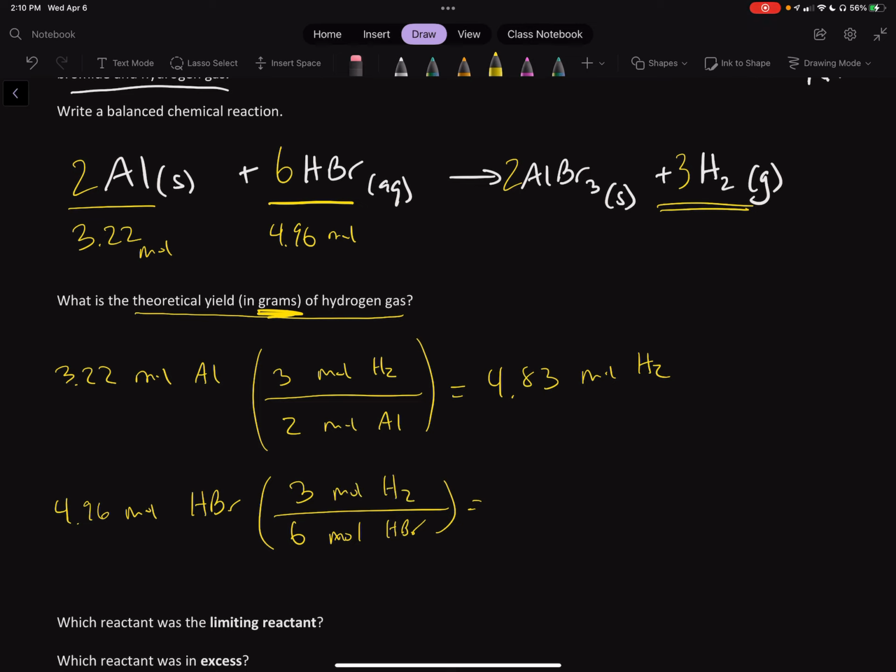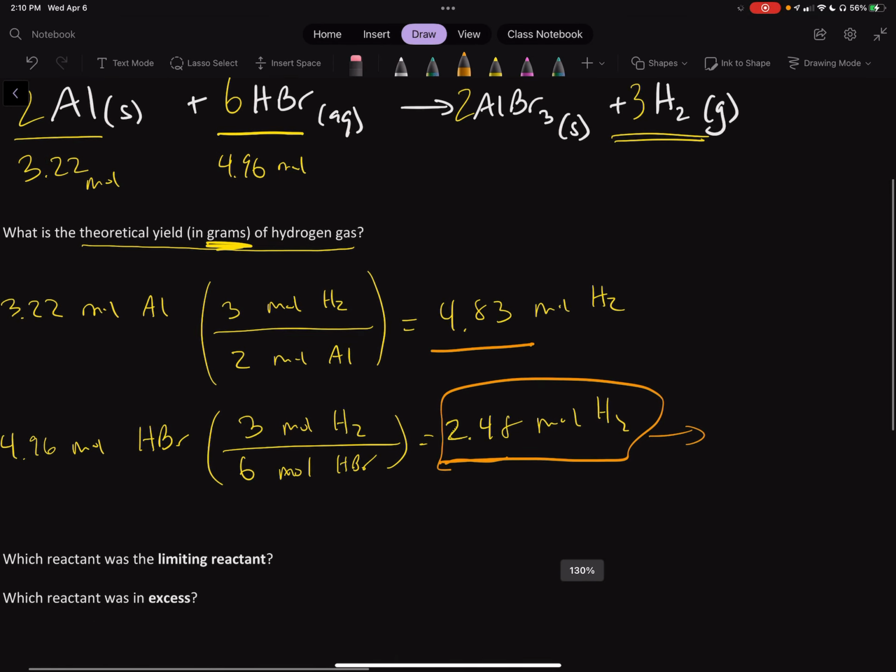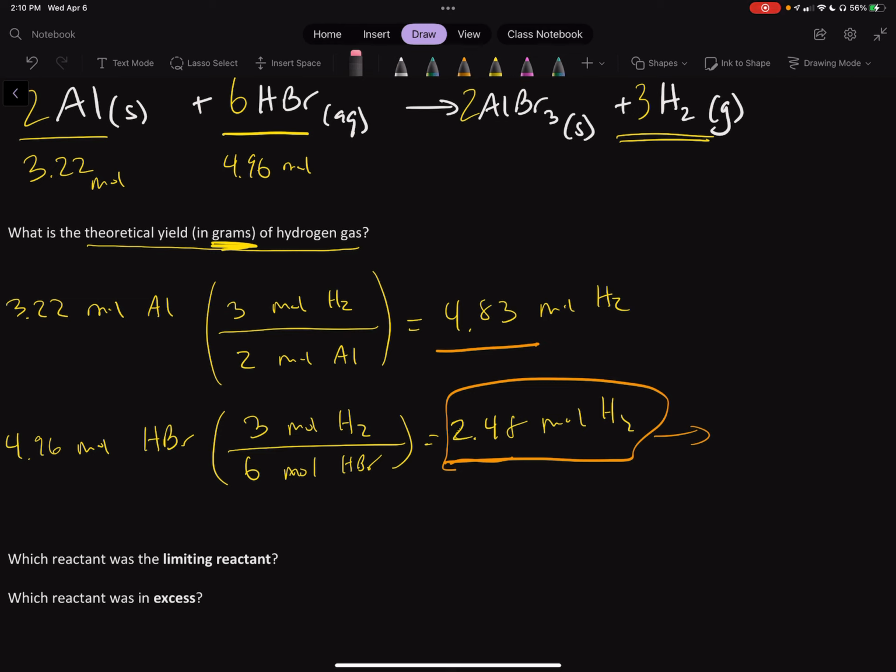So doing that on our calculator, 4.96 divided by 6 times 3, we should get 2.48 moles of H2. So if the HBr was limiting and aluminum was in excess, then we make 2.48. So which one's smaller? From the aluminum, we got 4.83. HBr, we got 2.48. So the 2.48 is obviously smaller. So that we're going to convert into grams to actually answer the question, the theoretical yield of hydrogen gas in grams.